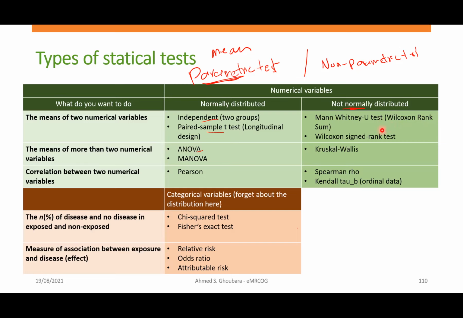Mann-Whitney test, Wilcoxon rank-sum, is the non-parametric sister of the independent sample t-test. Okay, guys, and for the paired sample t-test, the non-parametric alternative is the Wilcoxon signed rank test, not rank-sum, signed rank test. So this one goes with this one, and this one goes with this one.